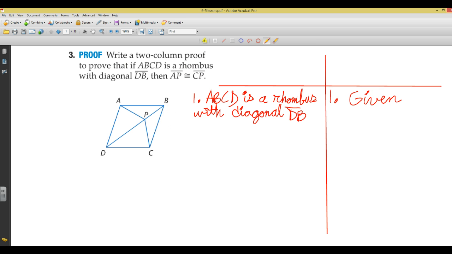Okay, so based on the fact that it is a rhombus, the diagonals will bisect the angles. So we know that APB is congruent to angle CPB.